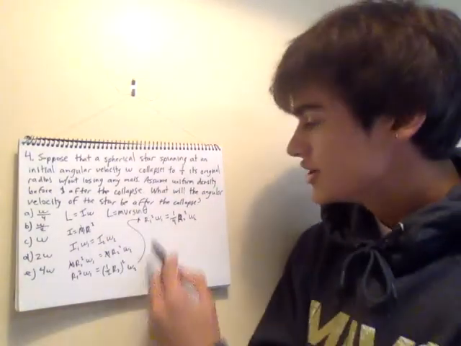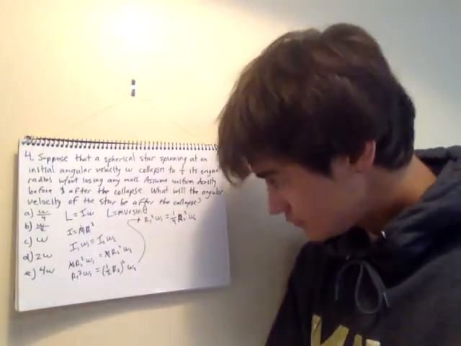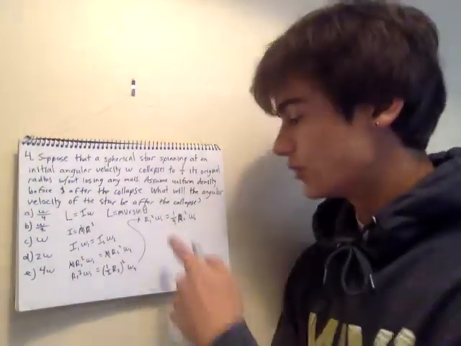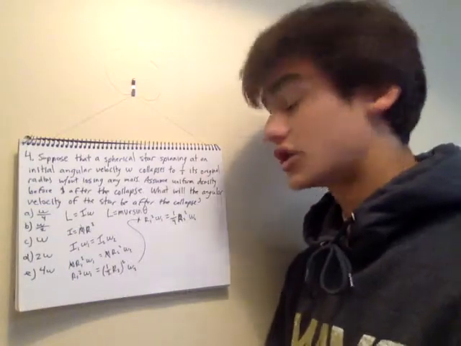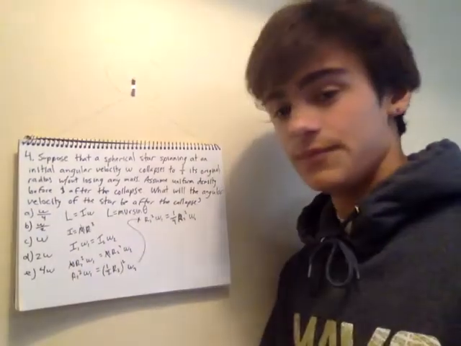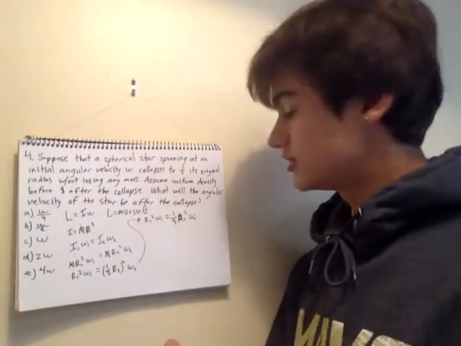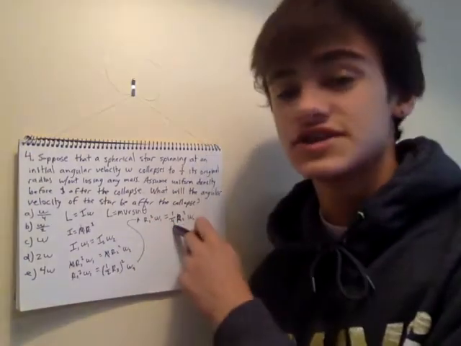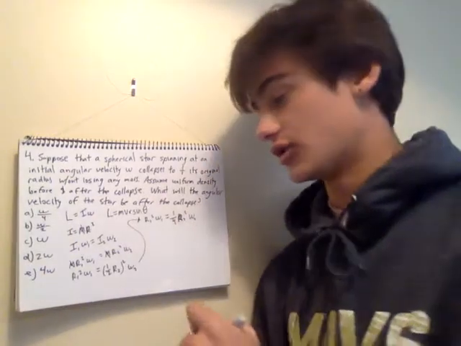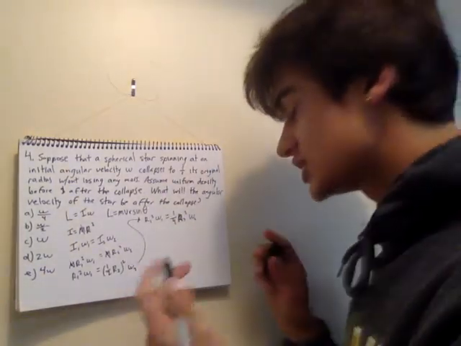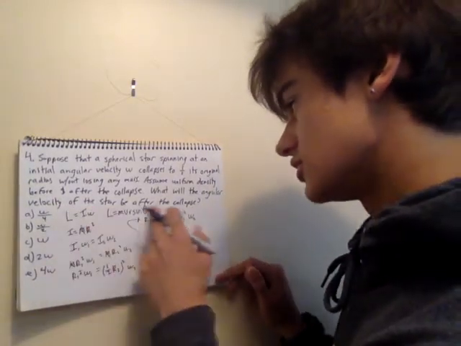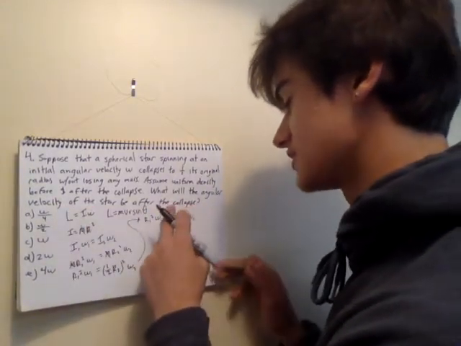We know that these are equivalent, and we know that this value is 1/4 of this value. To compensate, our angular velocity omega is going to have to make up for this being smaller by a factor of 4. So we're solving for our angular velocity of the star after the collapse.